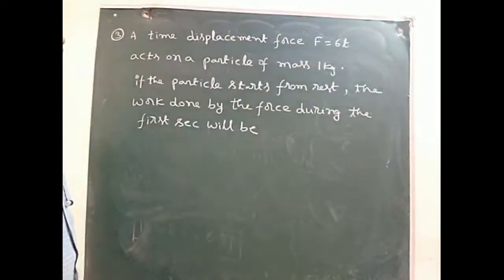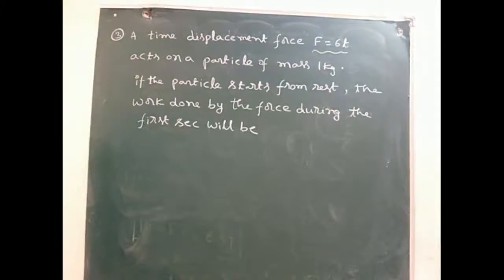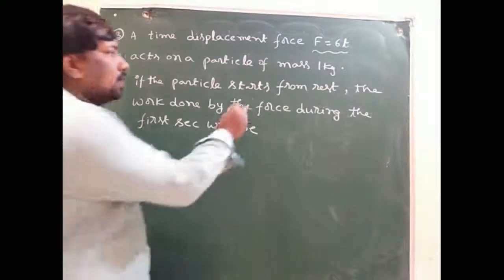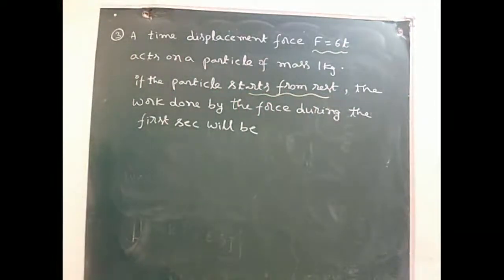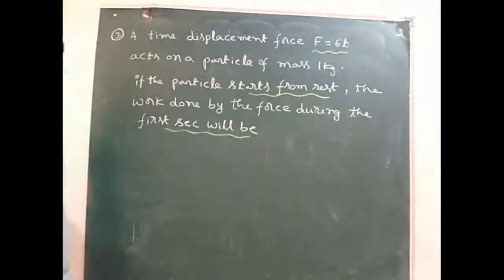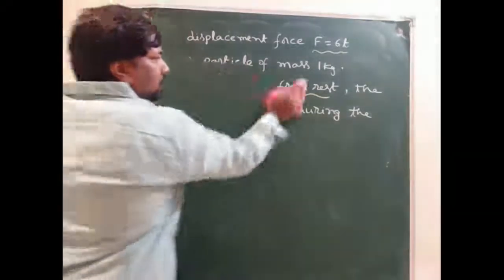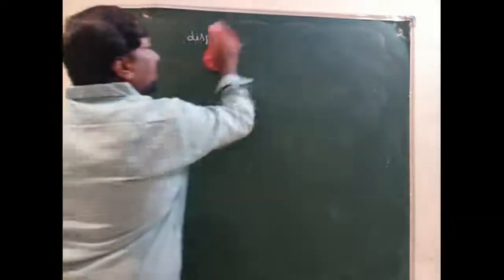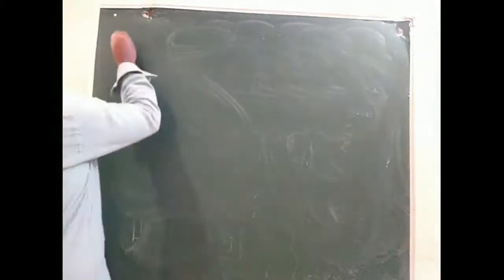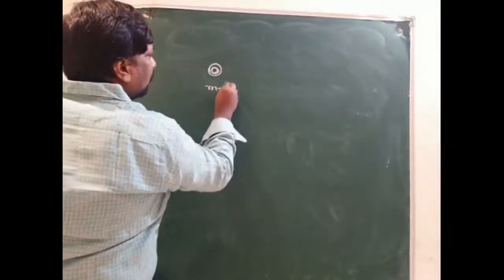Problem number 3. A time-dependent force F equal to 6t acts on a particle of mass 1 kg. If the particle starts from rest, the work done by the force during the first second will be. Okay. So in this problem, we consider a body of mass small m, that is 1 kg.